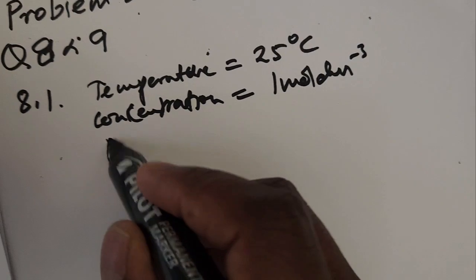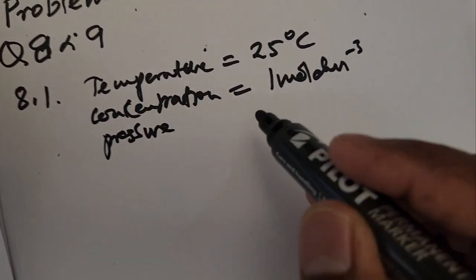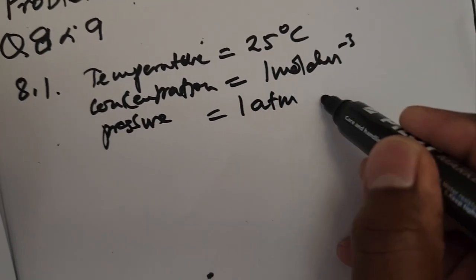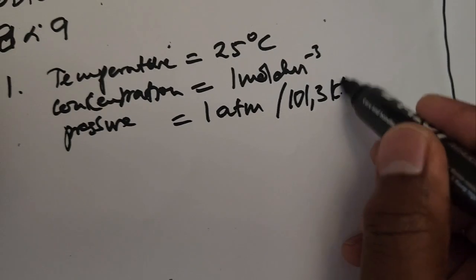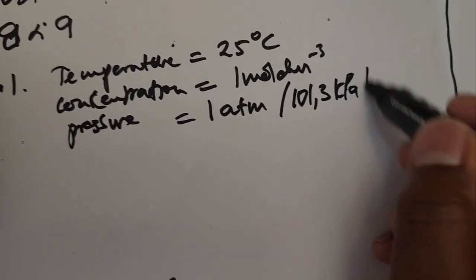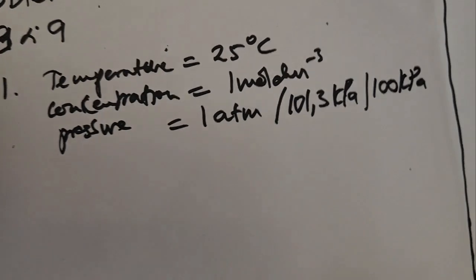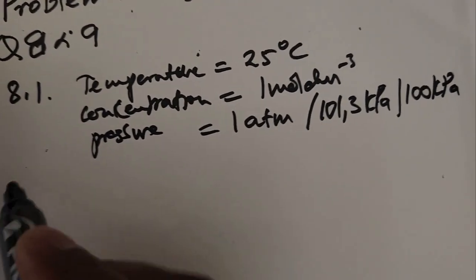And then the pressure of the gas, chlorine gas here, should be 1 atmosphere or 101.3 kilopascals or 100 kilopascals. All 3 are acceptable. So you can just write any 2 out of the 3 conditions.